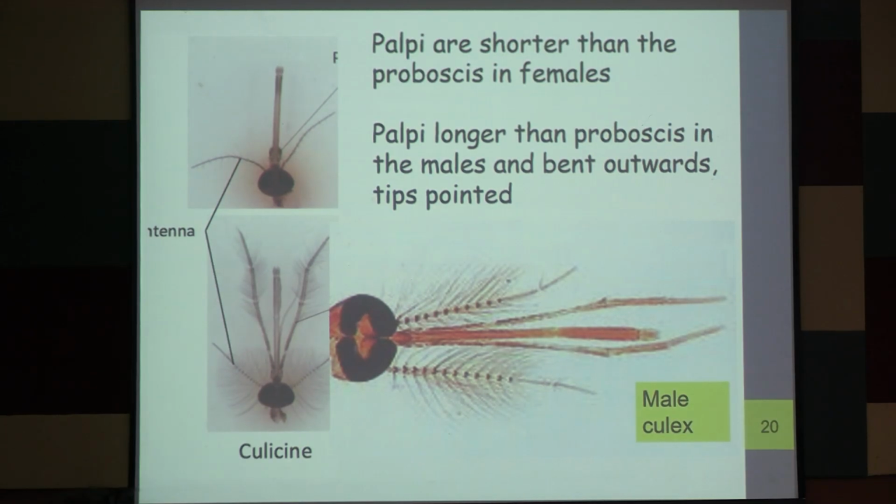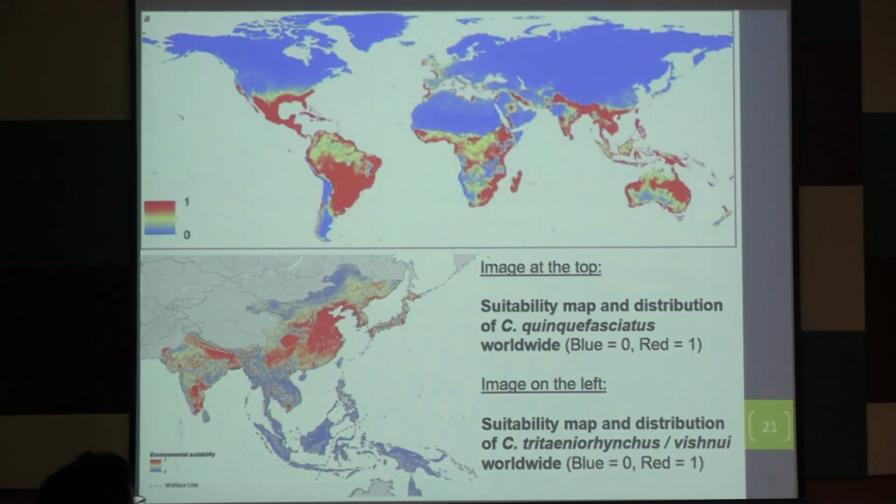Why male? Male has to take plant juice, that is why. For Culex also, palpi are shorter than the proboscis in females, and palpi are longer than the proboscis in males and bent outwards, and it also has a pointed tip. This is specific for male Culex.